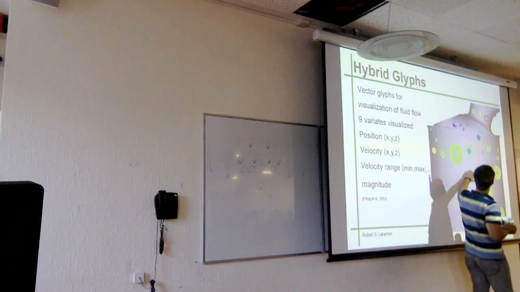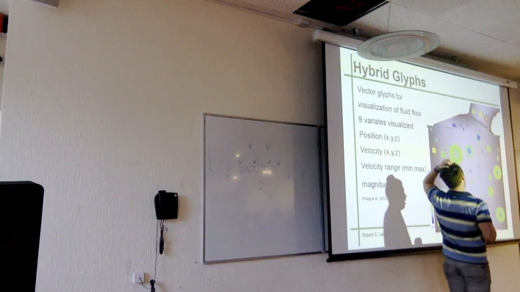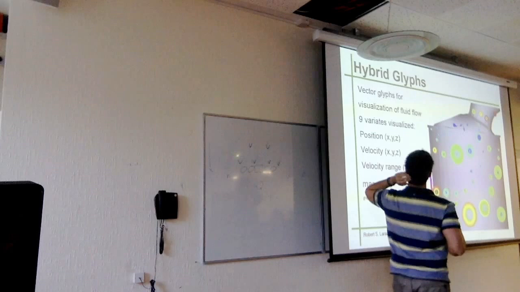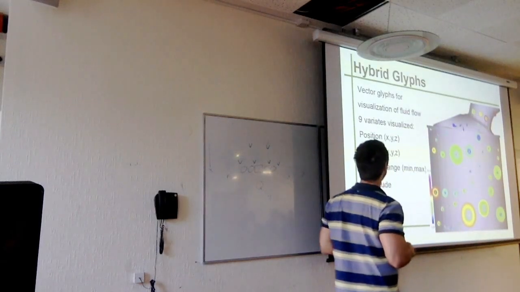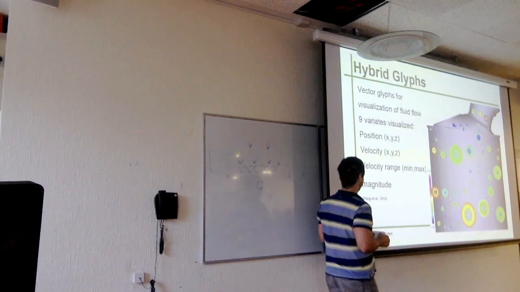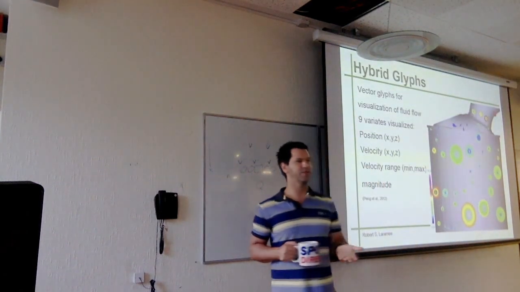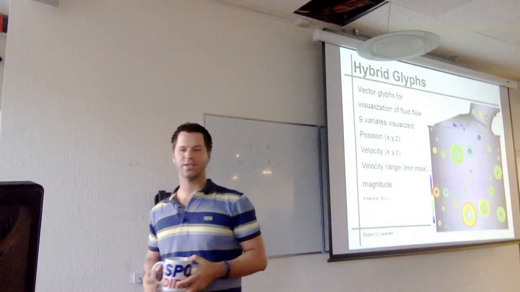So here's more or less uniform flow, and here is highly variable flow. So there are 9 variates being visualized: position, velocity, velocity range, and magnitude. It's a lot of information to be encoded in a single glyph.